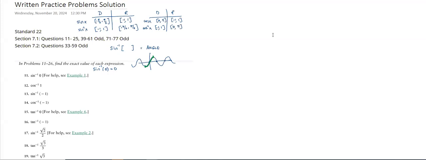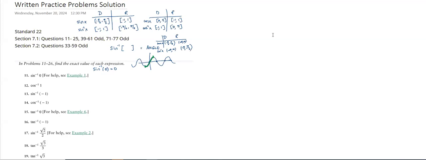Now, for tan inverse, the domain of the tangent function is negative pi over 2 to positive pi over 2, but the two endpoints themselves are not included because tangent becomes undefined at those values. The range is negative infinity to infinity. For tan inverse of x, it takes any real number as input and the output is in the interval negative pi over 2 to positive pi over 2. So keep this in mind as you answer these questions.